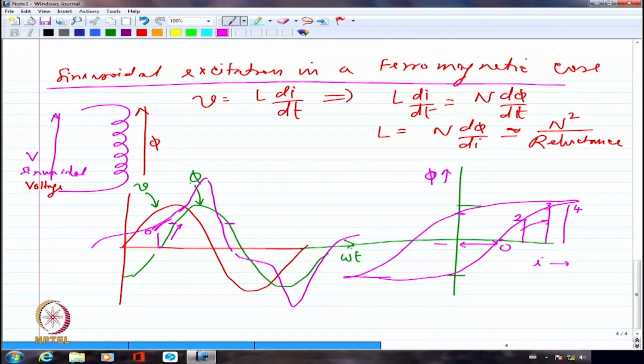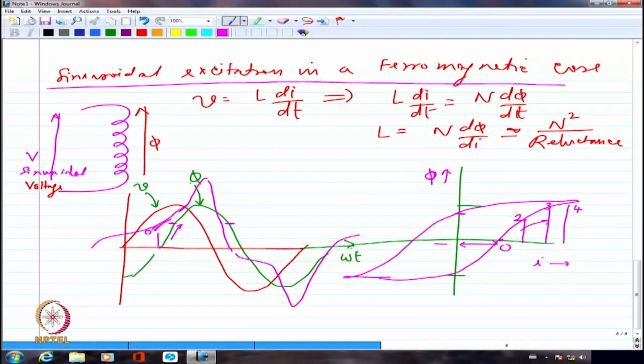And wherever I am going to have the increase or decrease in the flux taking place, those are the linear regions, I am going to see that the current is not making as much of a change as what I saw earlier during the saturation region. So, the current will not be sinusoidal anymore.